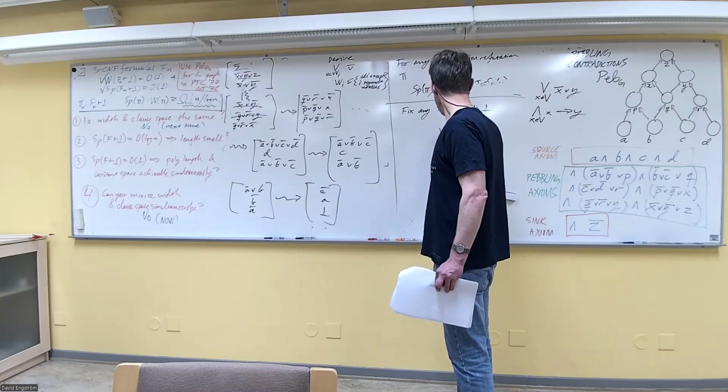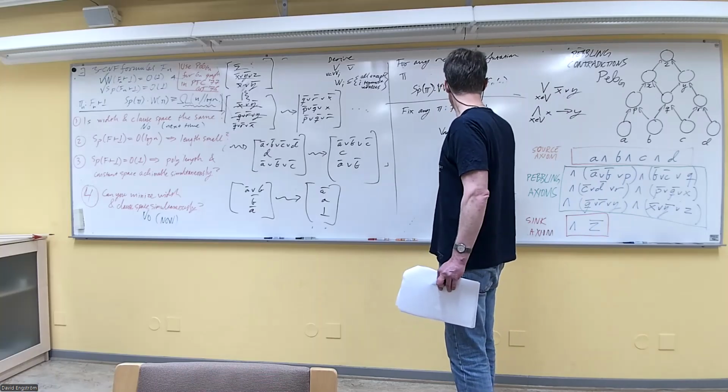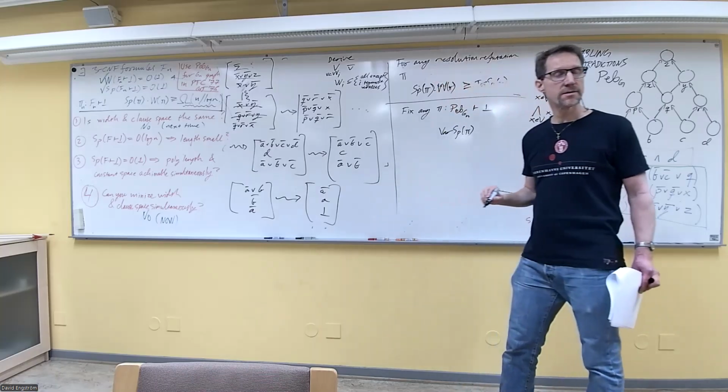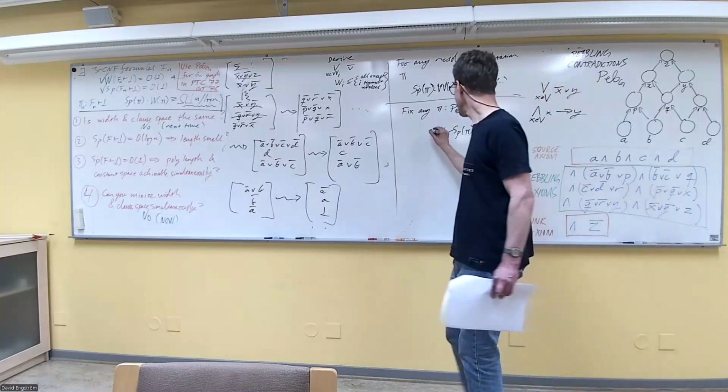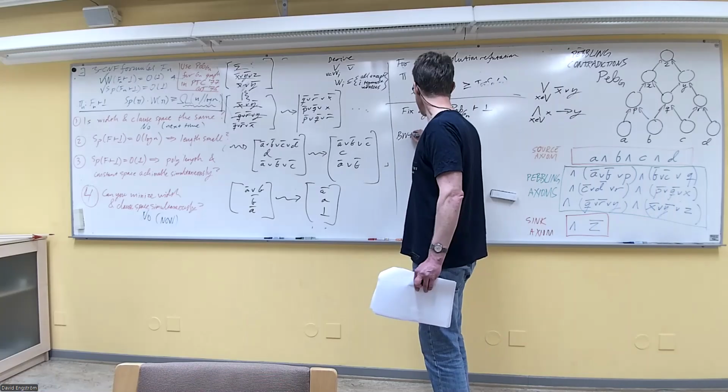What do I know? Well, I know that the variable space of pi, Ben-Sasson tells me, is upper bounded by the black-white pebbling price.